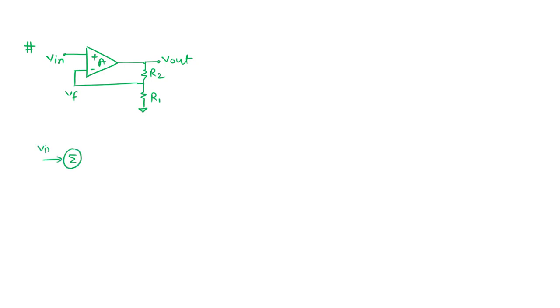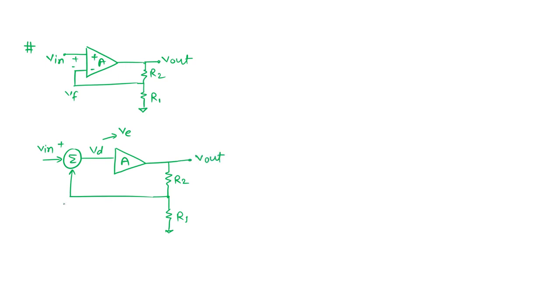This is my input, which we have seen in CTQ 11 as well, and this is my gain block, which is taking the difference voltage. It is called difference voltage, and we also call it error voltage. This is our R2, this is the R1, and the output is here. This structure we generally see in the negative feedback configuration.